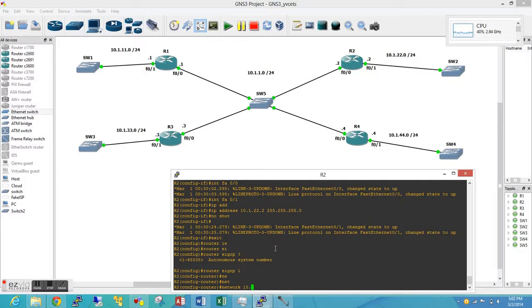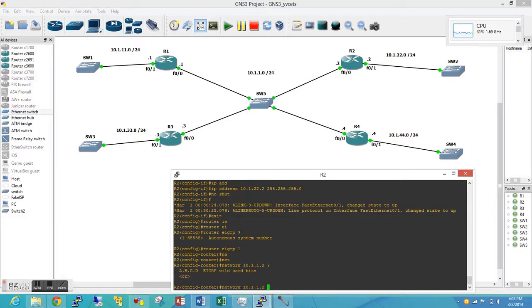Let's go ahead and define the networks. Cisco's recommendation is not to be lazy, and you want to define each interface that you're going to use EIGRP on. You want to define that specifically with a separate network command.